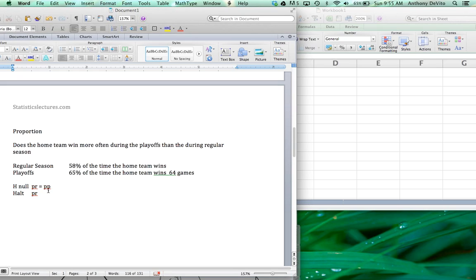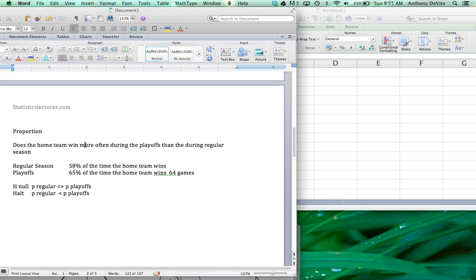So we're saying that the proportion during the regular season is smaller than the proportion during the playoffs. Okay, well, that means that really what we're looking at as the null hypothesis is that the proportion during the regular season could be either equal to or greater than the proportion during the playoffs.